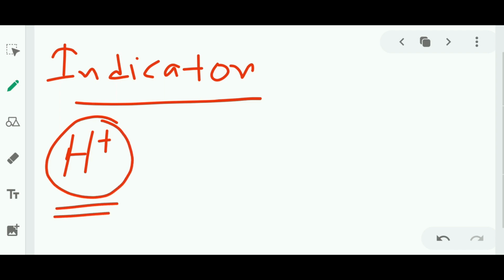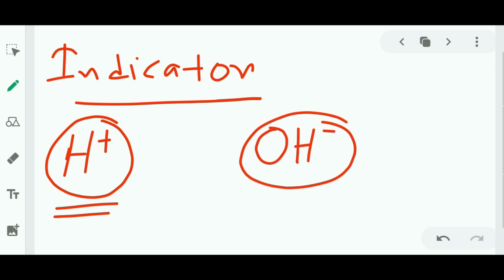So in different concentrations of H plus and OH minus ions, these indicators have different colors. By that different color we can identify whether it is a base or an acid. In an acidic solution an indicator has a particular color, and in a basic solution it has another color.